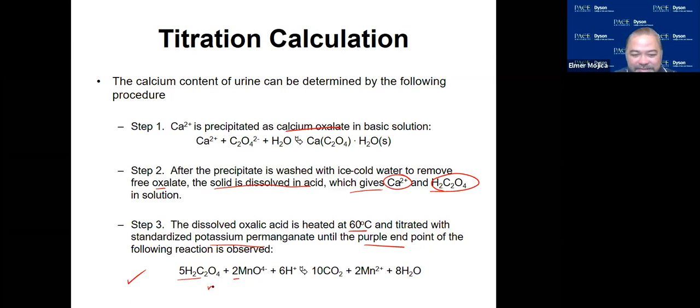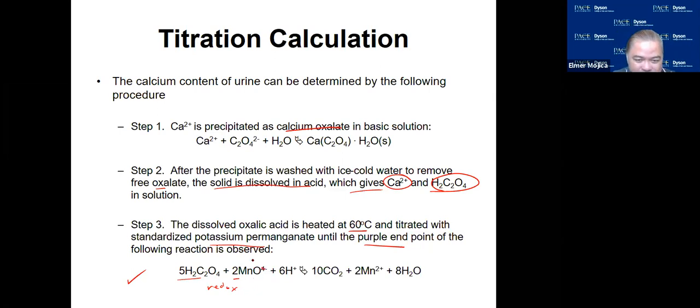It's a redox reaction. Very good, Hanbo. It's a redox reaction. Why? How do we know it's a redox reaction? Usually there's a change in the oxidation number. So if you're going to look at this, what's the change in the oxidation number? Manganese here would be what? So MnO4 minus.